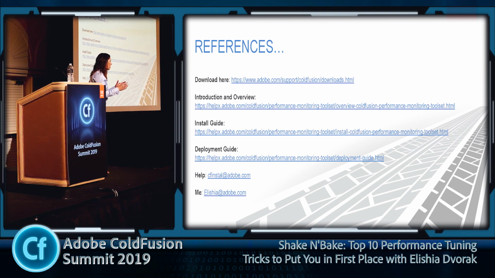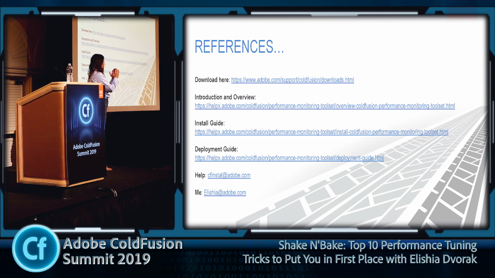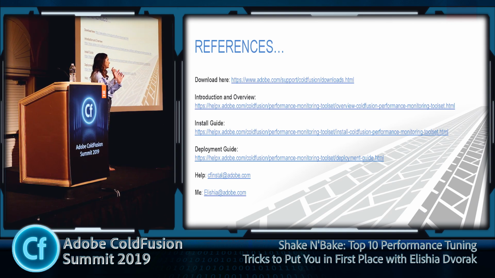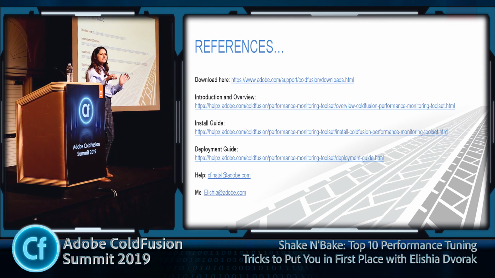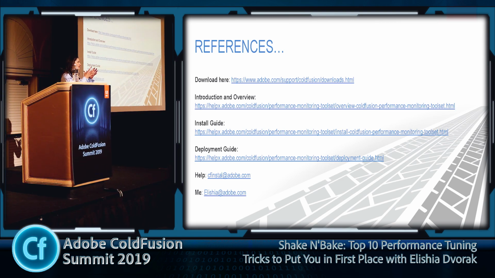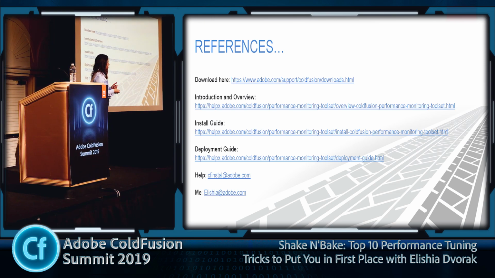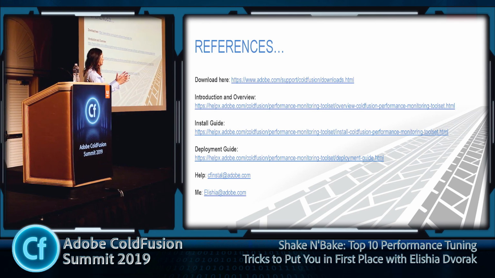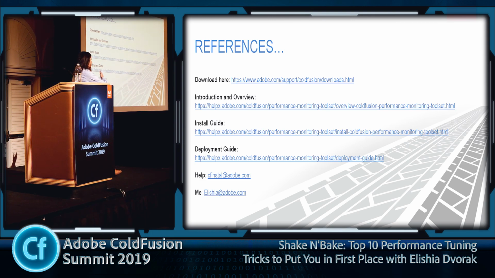So what we envision, let's say you have a huge environment, is that you might want to cluster the performance monitoring tool utilizing a shared data store between all of your instances, the same way that you would scale up ColdFusion, because it's all Java applications, right? And we envision you would have a single performance center, and that performance center would monitor all of your other applications that are out there.